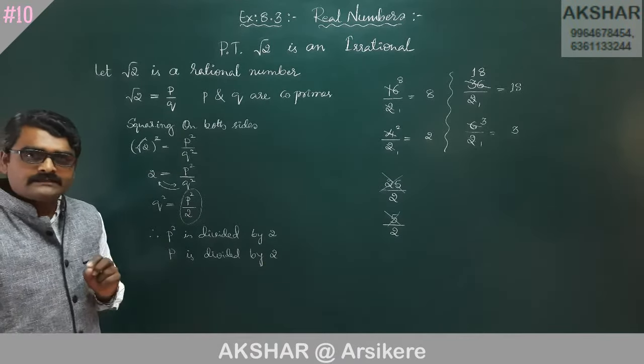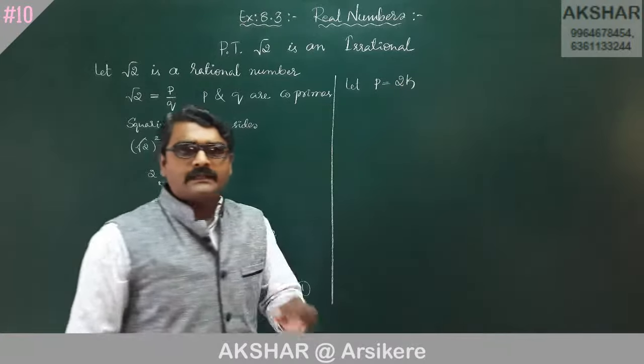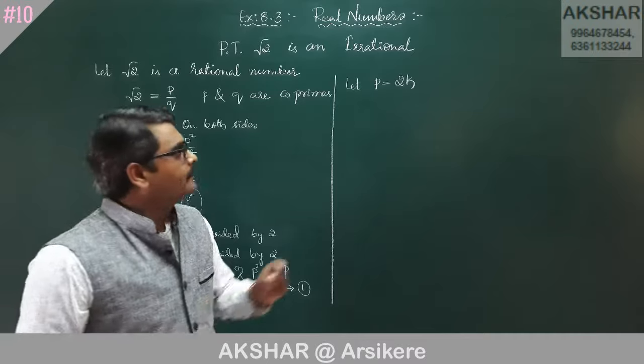Now move on to the next step. See, observe here. P square divisible by 2, 2 is a factor of p square and p, means p square and p are multiples of 2. Now observe here, let p is equal to 2k, k is any constant number.